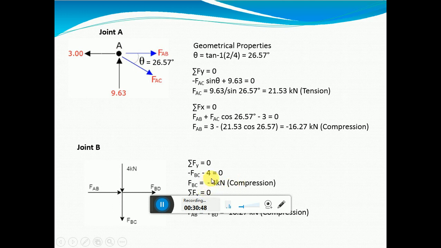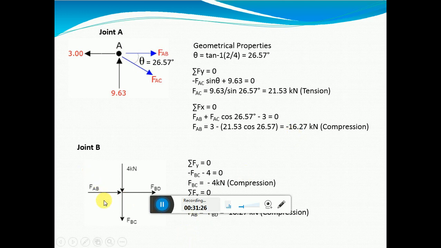Use the same minus 4 kilonewton in case you need it in summation Fx. Put summation Fx is equal to 0. This is simple: FAB plus FBD, no other forces. FAB you got as minus 16.27, but since here you changed the direction, use only 16.27.